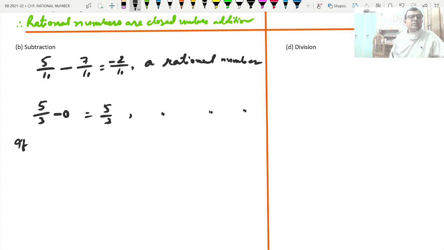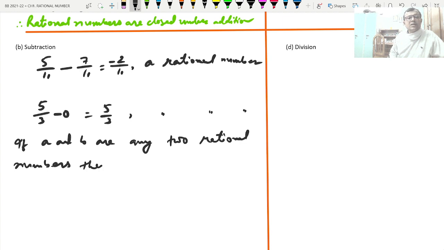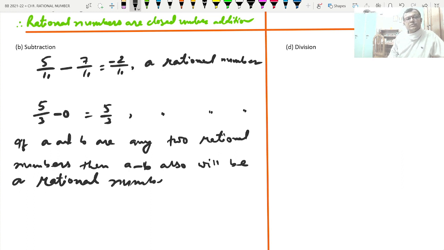So, if A and B are any two rational numbers, then A minus B will also be a rational number.